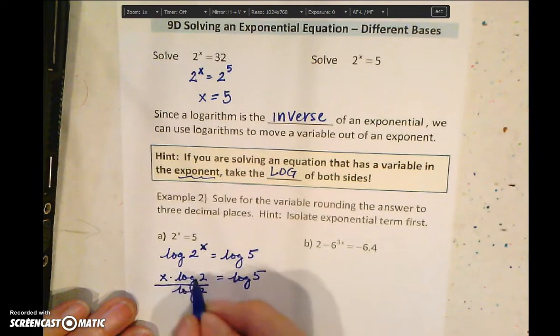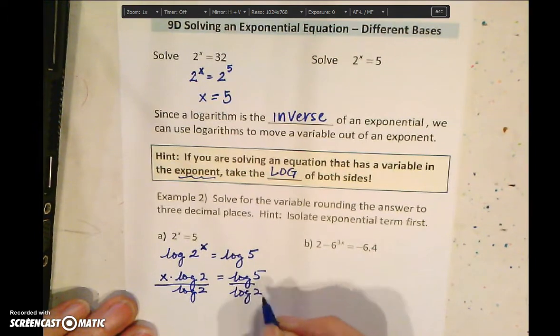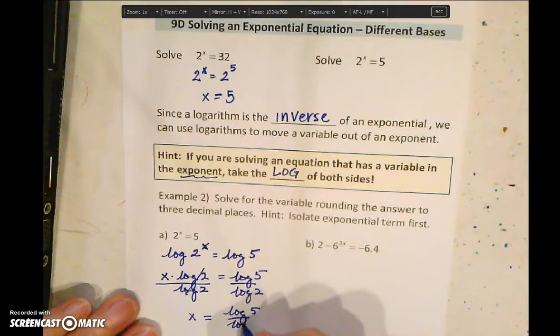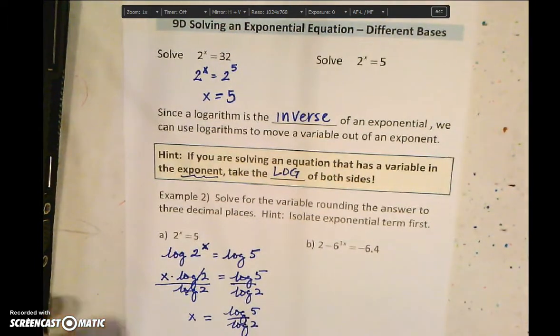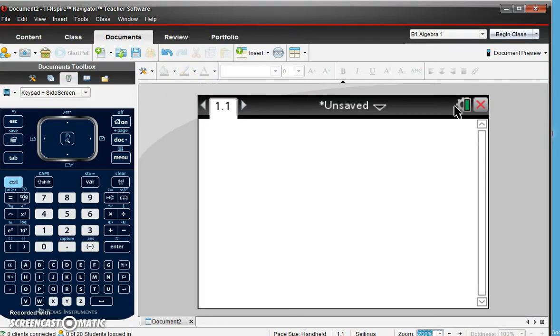Log of 2 represents a number when we put it in the calculator. We're going to divide by log of 2 on both sides. So this will cancel, and x is equal to log of 5 divided by log of 2. All right, so now we need to pull out our calculators and determine what the log of 5 divided by the log of 2 is.